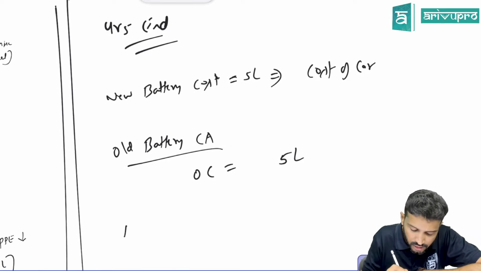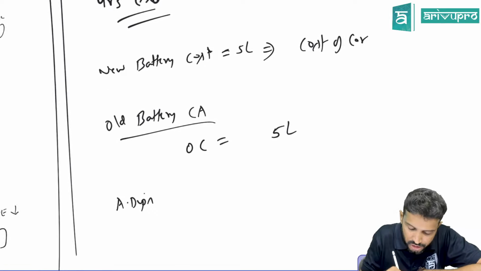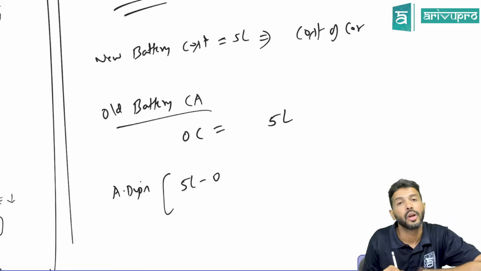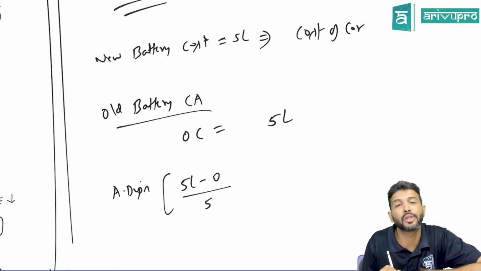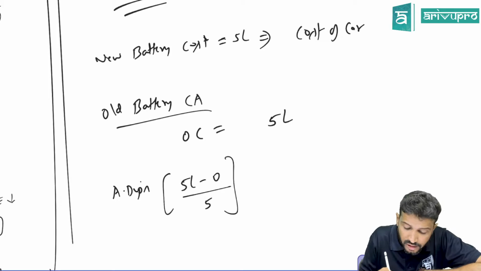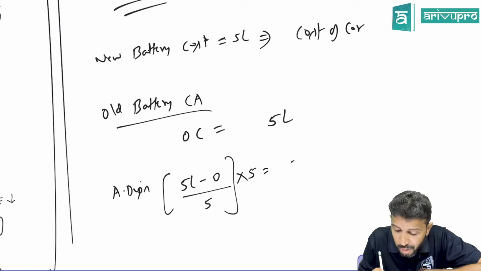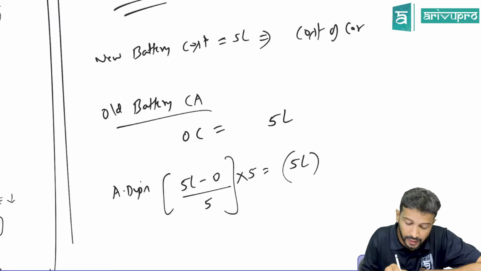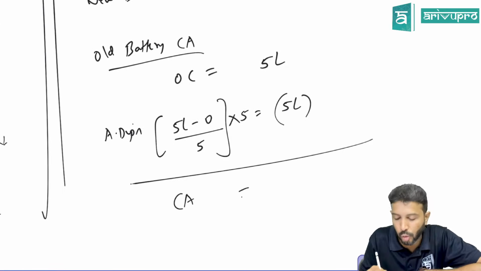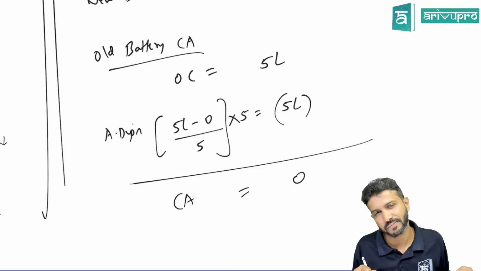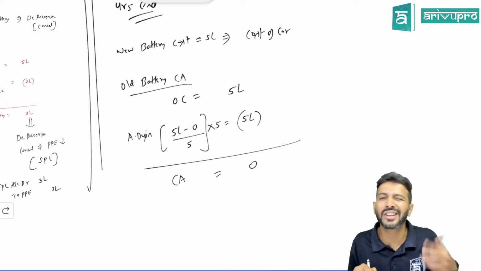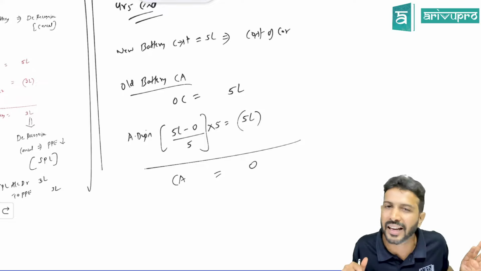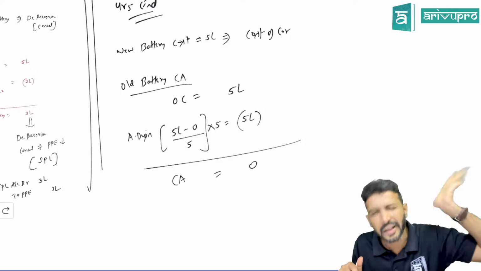That means, what is your accumulated depreciation? 5 lakh cost, residual value 0, divided by useful life of 5 years. I have used this battery for 5 years. So the accumulated depreciation is 5 lakh, and the carrying amount of the old part is 0. So in this case, derecognizing the old part is irrelevant because it does not have any carrying amount, as it has got fully depreciated.